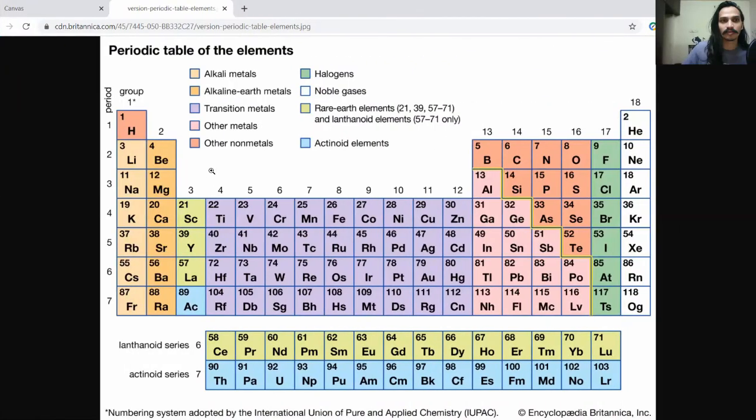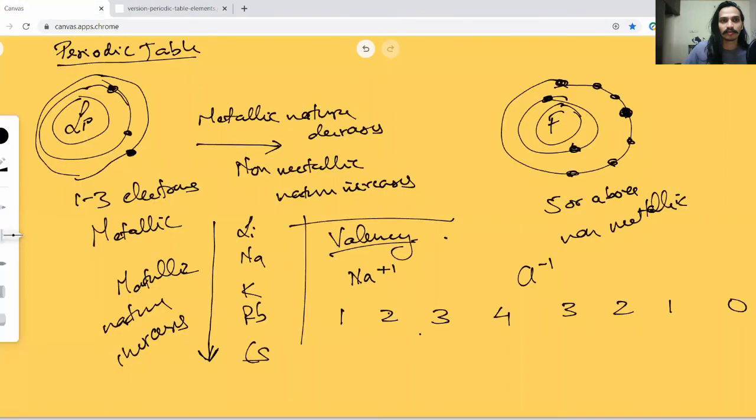All right, so that's it for today. We learned about two properties. Before I forget, what about down a group? Good question. We saw that across a period valency increases, then decreases. What about down a group?